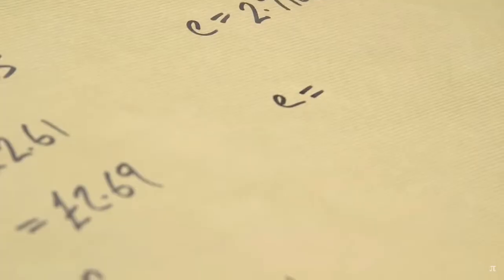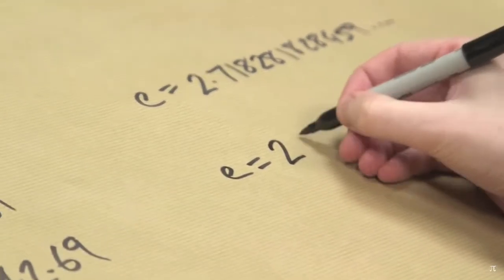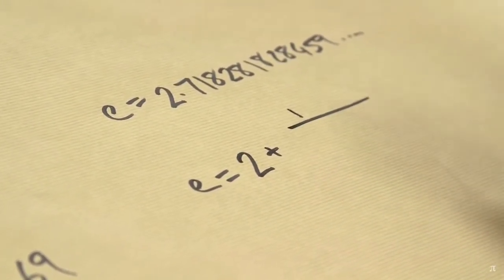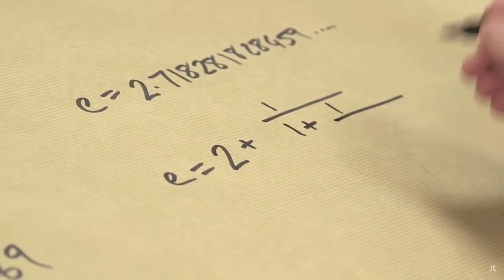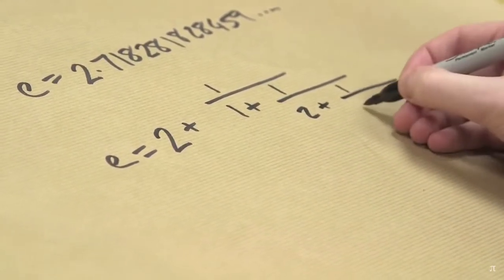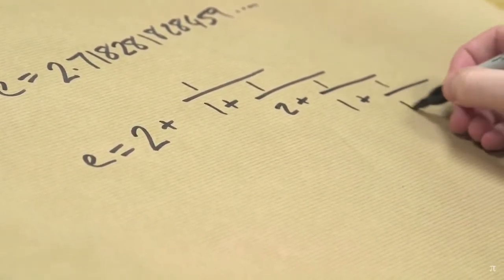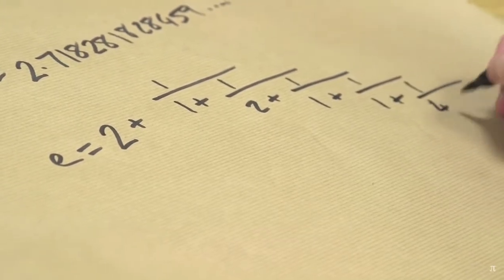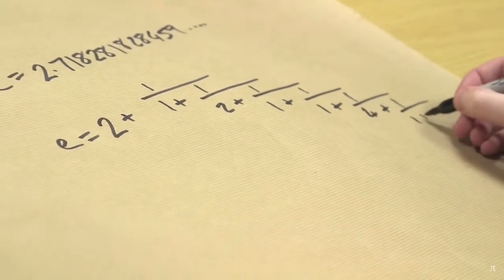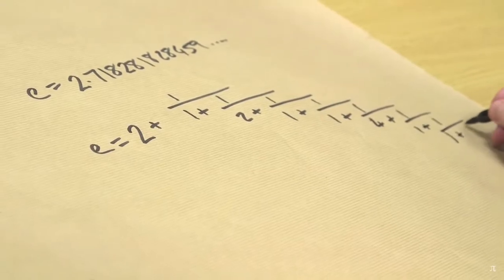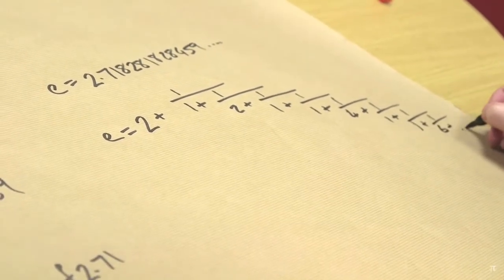Euler proved that this was irrational. He found a formula for e, a different formula, not this one here, and it showed that it was irrational. I'll quickly show you that. He found that e was equal to 2 plus 1 over 1 plus 1 over 2 plus 1 over 1 plus 1 over 1 plus 1 over 4 plus 1 over 1 plus 1 over 1 plus 1 over 6 plus, and this goes on forever.